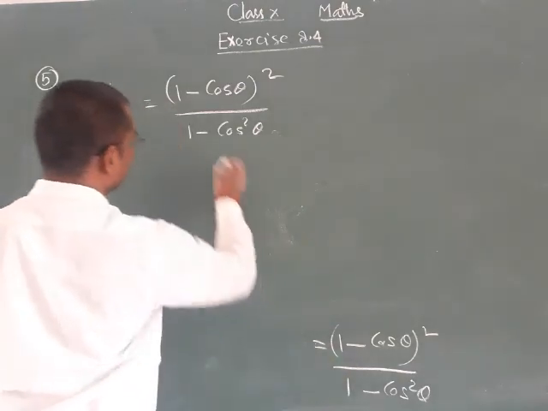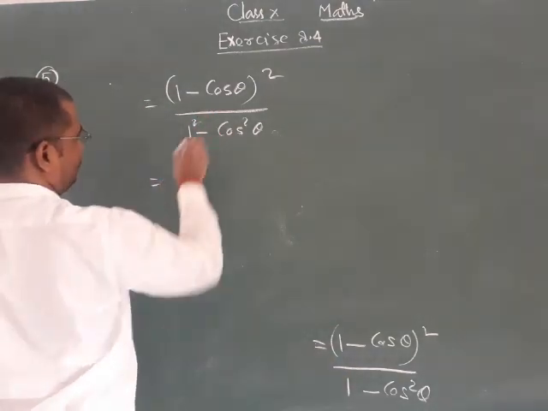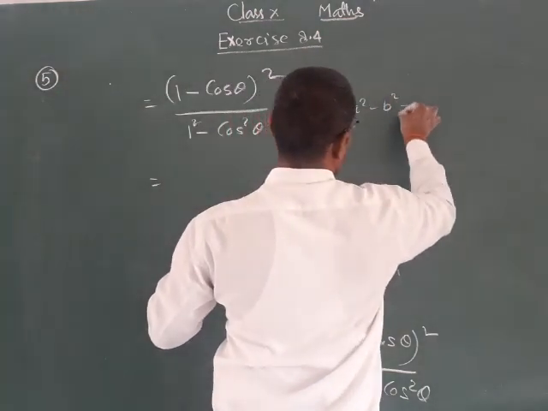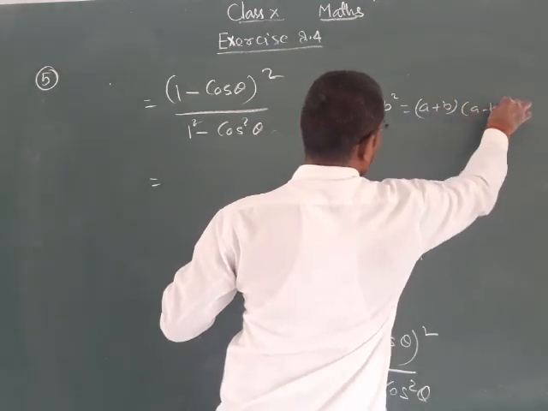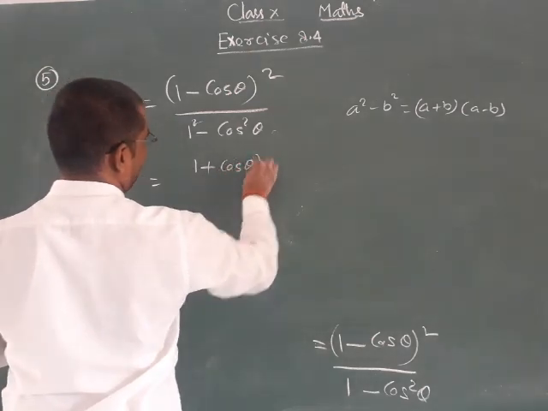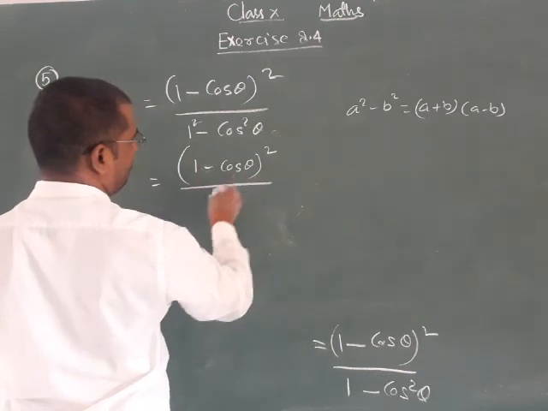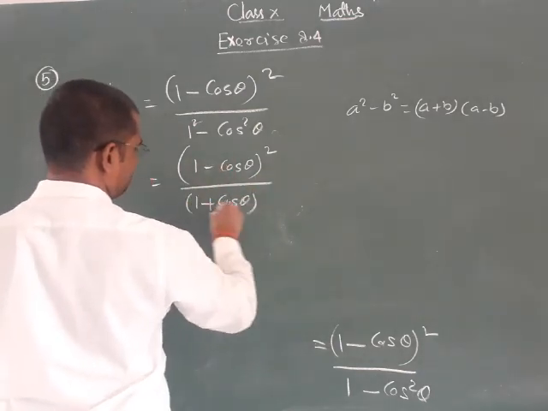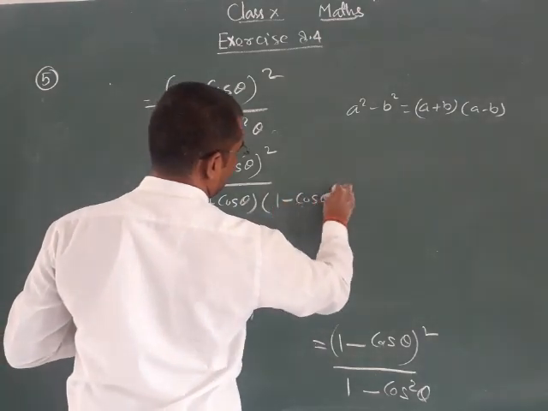So 1 square minus cos square theta is a square minus b square, so a plus b and also a minus b. So (1 minus cos theta) whole square upon (1 plus cos theta) in the first bracket and in the second bracket (1 minus cos theta).